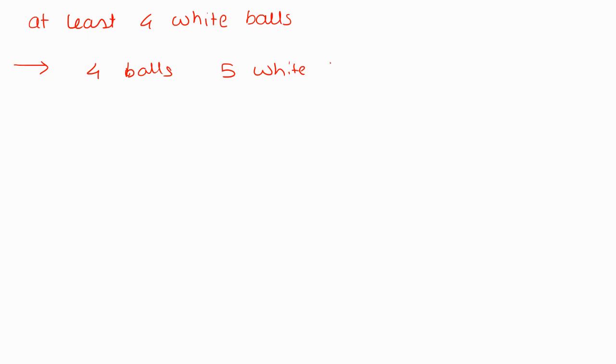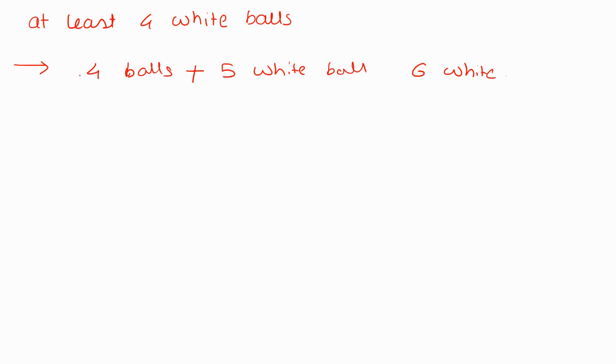Now if the question is about getting at least 4 white balls, that is, getting 4 balls is fine, 5 white balls is fine, and getting 6 white balls is also fine.